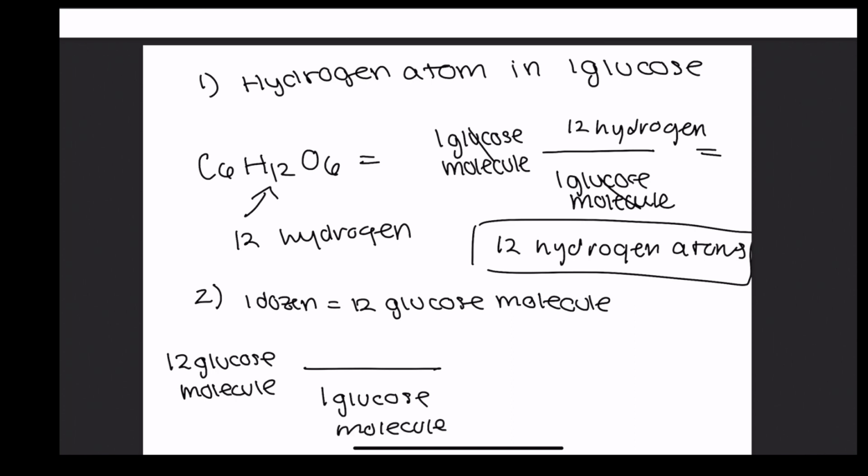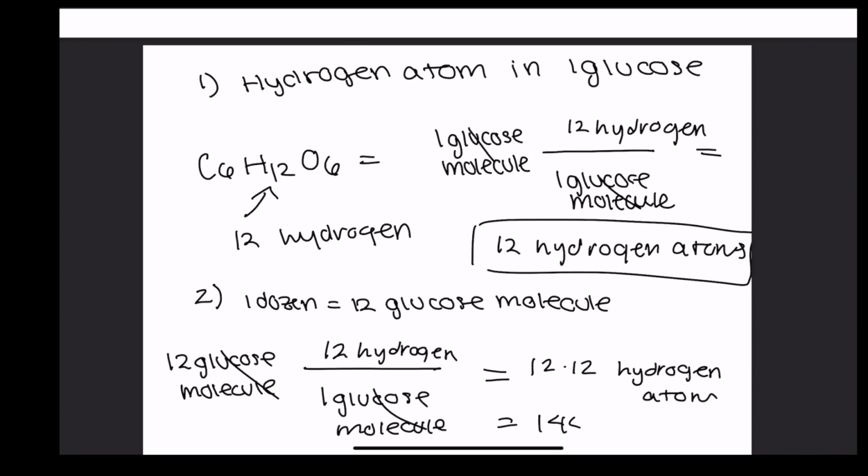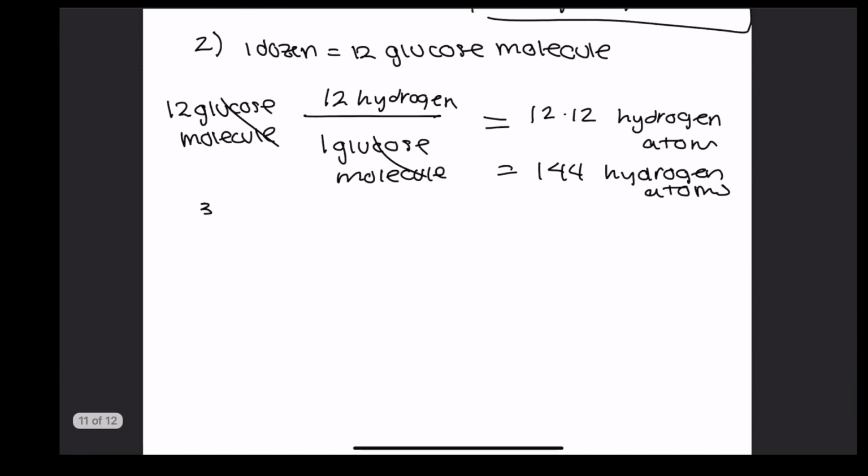And we know in 1 glucose molecule there are 12 hydrogen, so we're going to put 12 hydrogen on top. If we do that, this unit cancels out, leaving us with 12 times 12 hydrogen atoms. That will equal 144 hydrogen atoms. Okay, number 3 says, how many dozen hydrogen atoms are there in 1 dozen of glucose molecules?